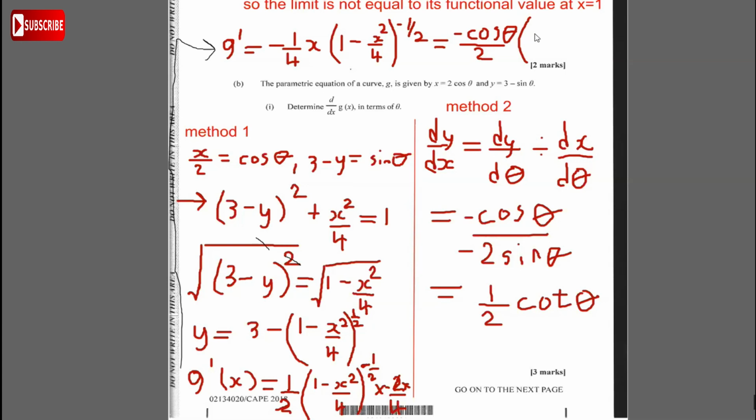So in here it works out to be sine squared theta. 1 minus x squared over 4 is sine squared theta, and it's sine squared theta to the minus half, that is just sine theta in the denominator. So all of this will work out. So you can finish it off and see it.